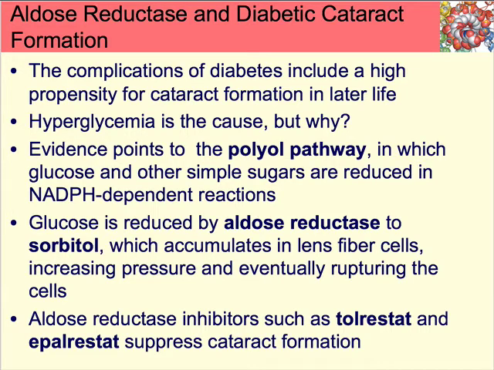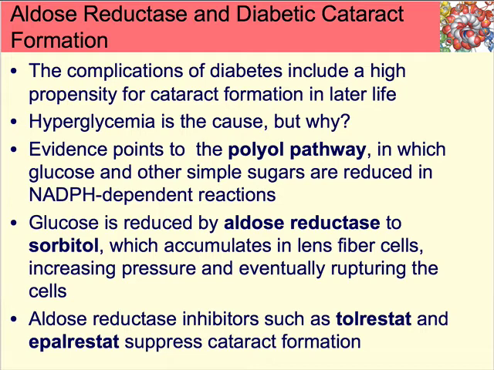The last section in Chapter 22 discusses the aldose reductase reaction and diabetic cataract formation. Diabetics suffer many consequences of their disease, and one is the propensity for cataract formation in later life. All type 2 diabetics are encouraged to have eye exams on a regular basis, and one of the things that's looked for in these exams is cataract formation. It turns out that hyperglycemia is the cause.